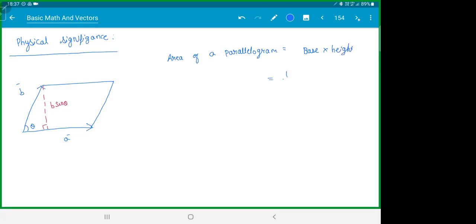So in this case, it will be A into B into sine theta. So I can write this as the modulus of A bar cross B bar. So actually the cross product gives you the area of the parallelogram formed by both A bar and B bar.